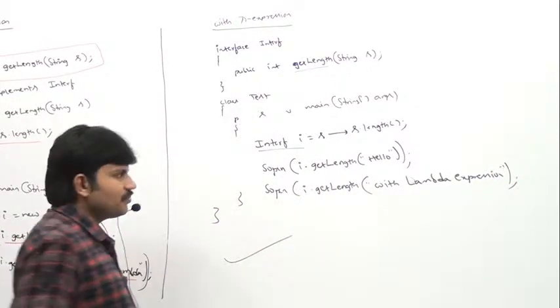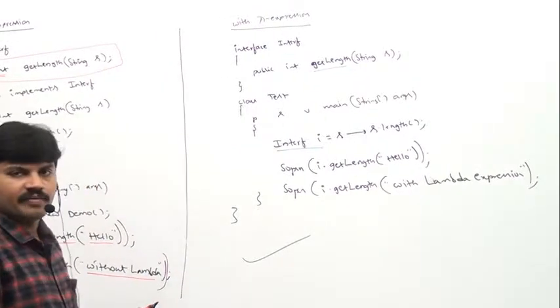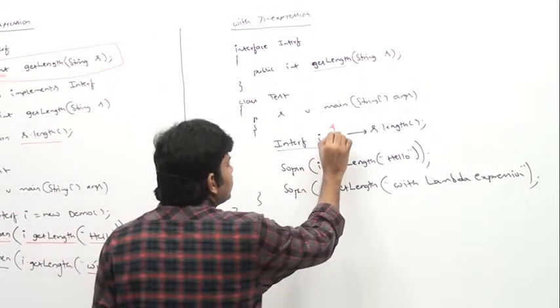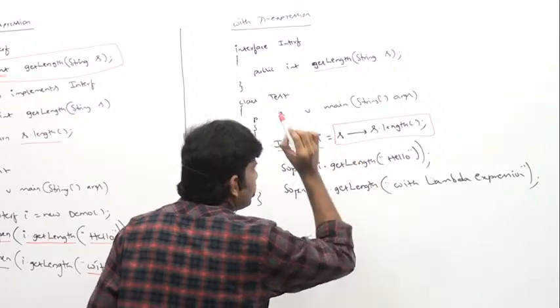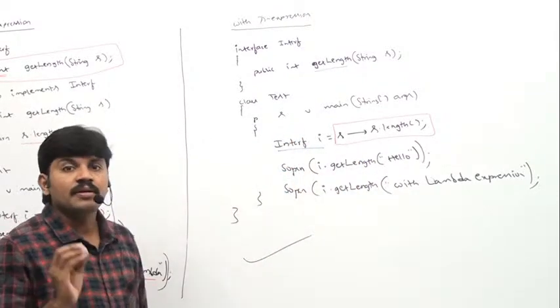That's it. Have you observed the total implementation of the functional interface? How many lines? Just this one: s gives s.length. That itself is nothing but the lambda expression.